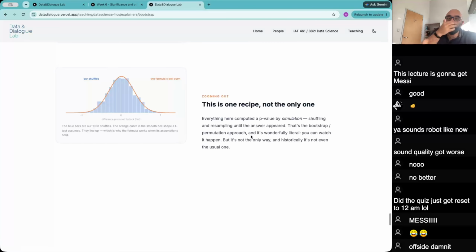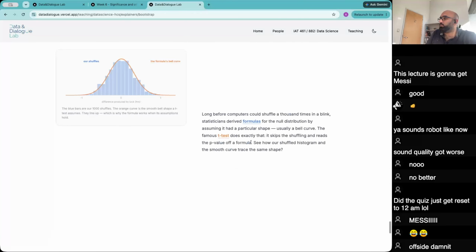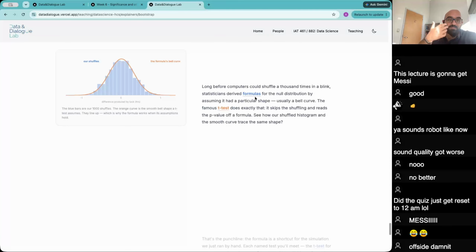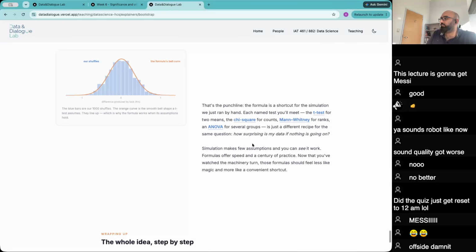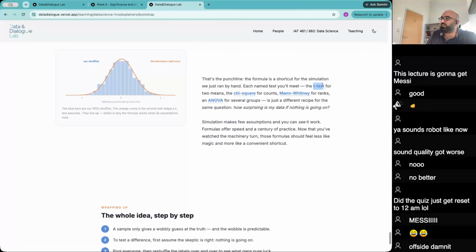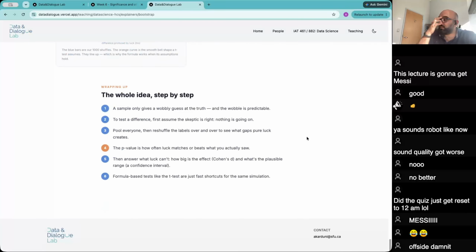But let's say if they assume that the data is normally distributed, then you would have these methods to get to these ideas without sampling. So you might have heard of t-test, which is about the difference of two means. Chi-square is for counts. Mann-Whitney is for ranks, and ANOVA is for several groups. There you go. So we just do simulations sometimes to make fewer assumptions.